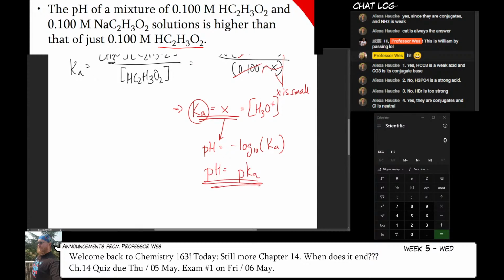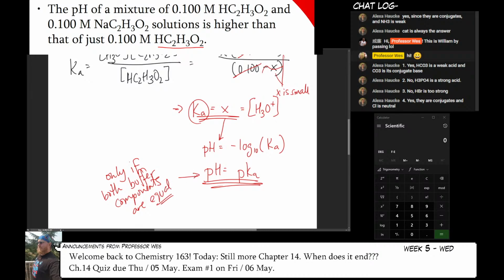We could just look up the pKa. That's the pH. But only if both components of the buffer are equal.